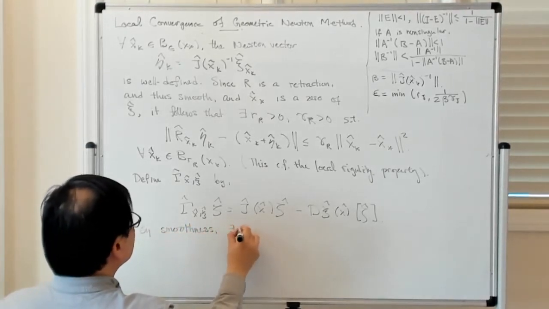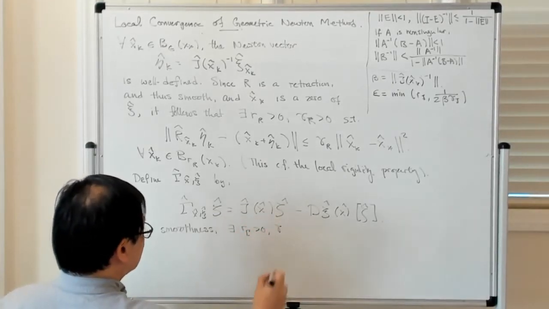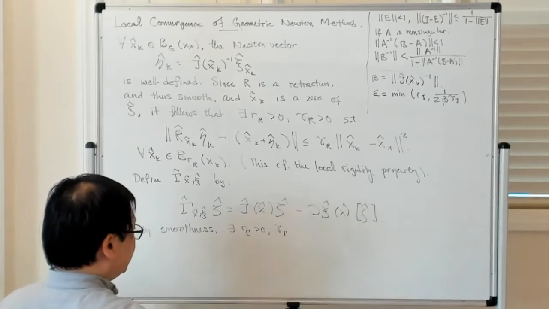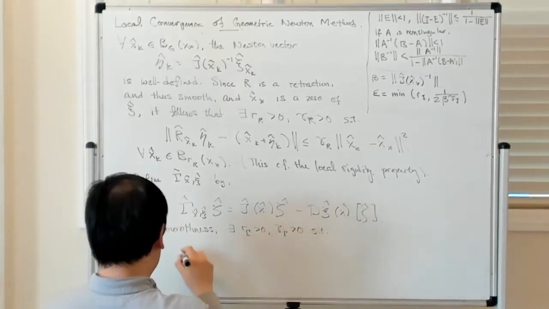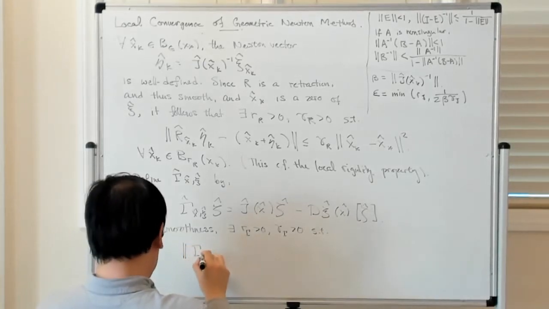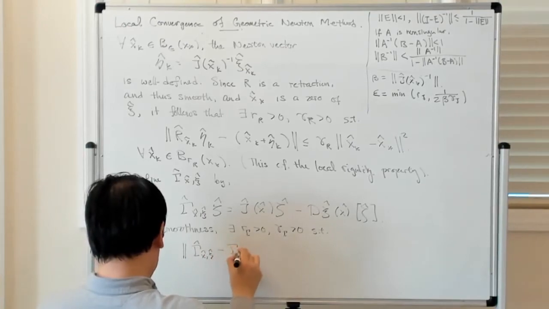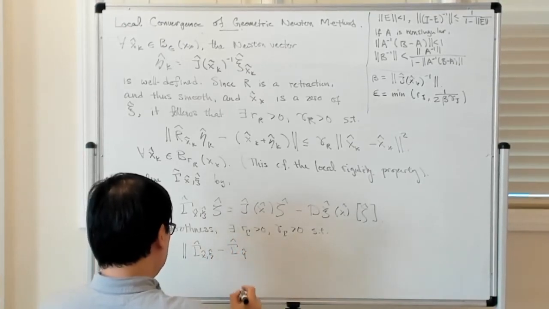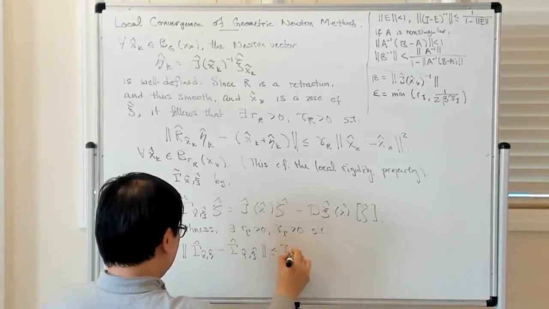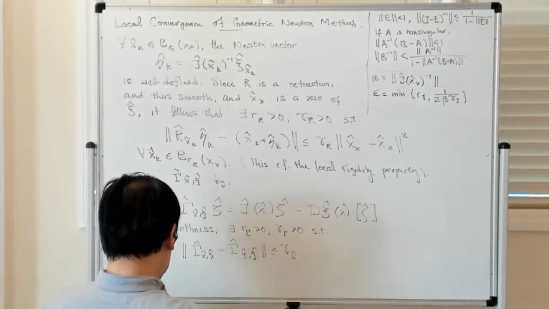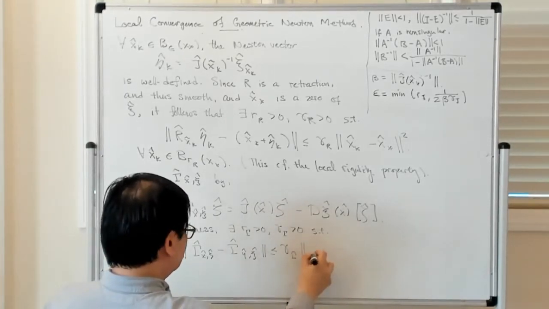There exist r gamma greater than 0, gamma gamma greater than 0, such that the difference between these two things at two slightly different points, x hat and y hat, is less than or equal to gamma gamma multiplied by the distance between x hat and y hat.